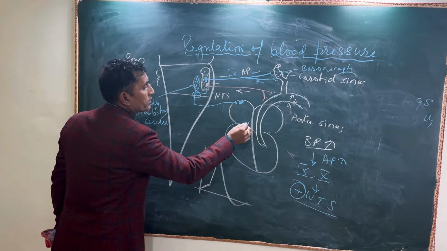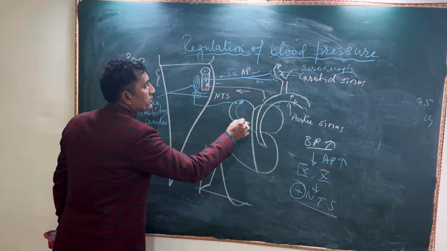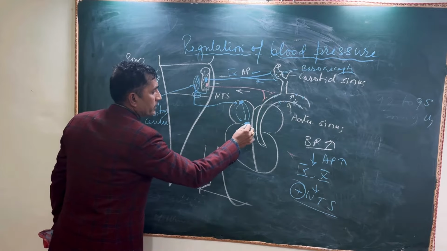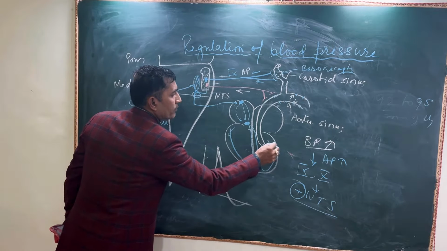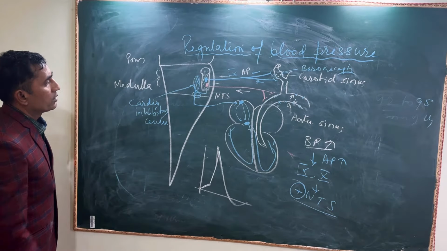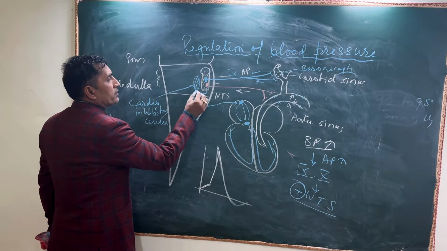This is SA node, this is AV node, these are internodal pathways, and then we have Purkinje fibers.